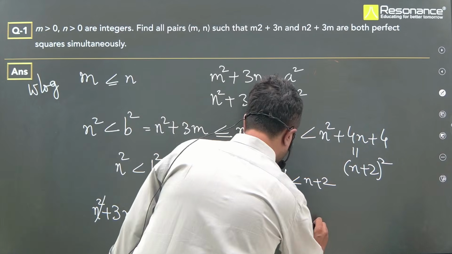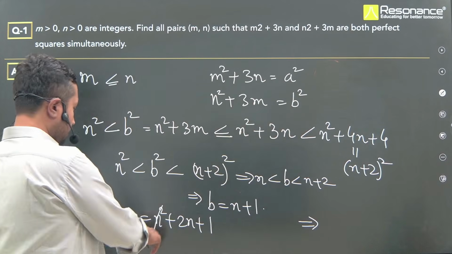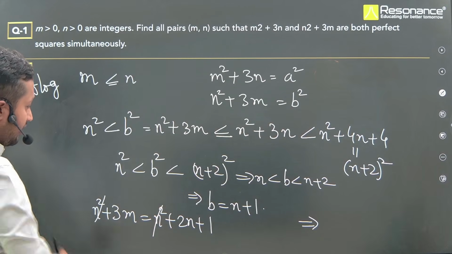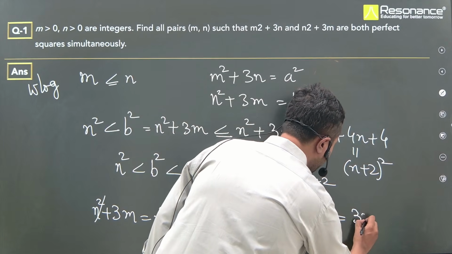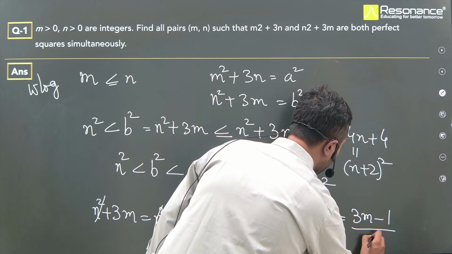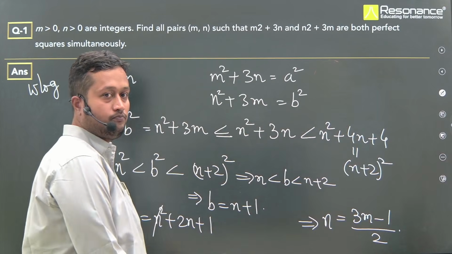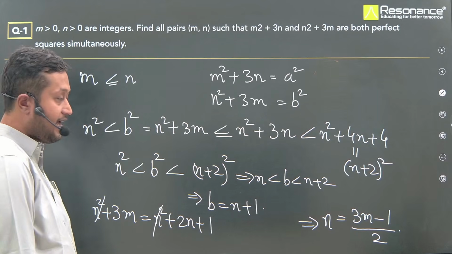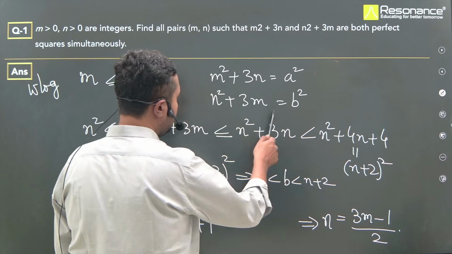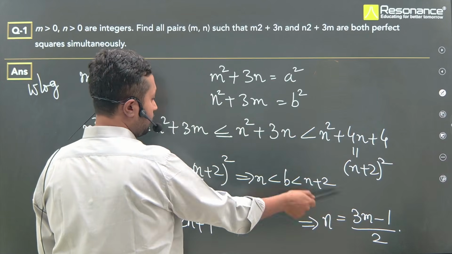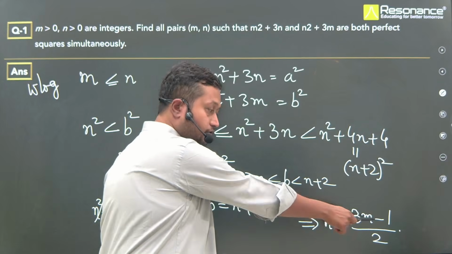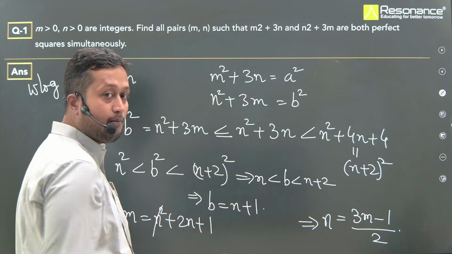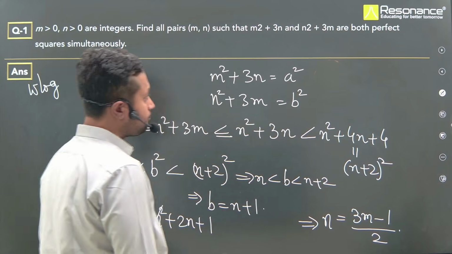That gives us that N can be figured out in terms of M. That N is equal to 3 times M minus 1 divided by 2. And as soon as N is this value, this equation is already satisfied. So we need to go back to the first equation, right? Considering that the value of N is given by 3M minus 1 by 2.